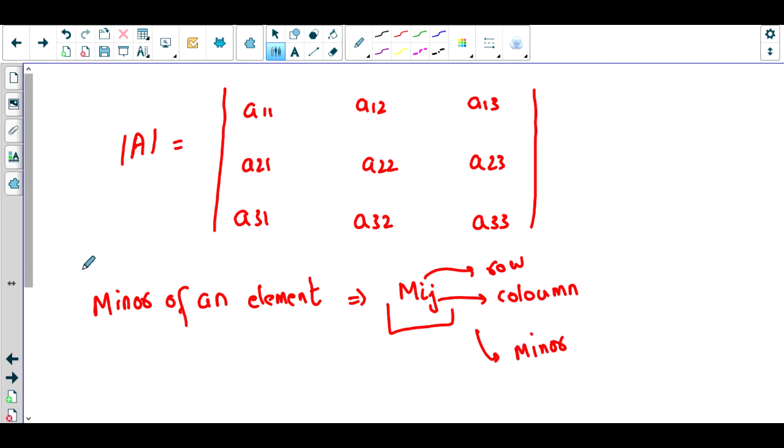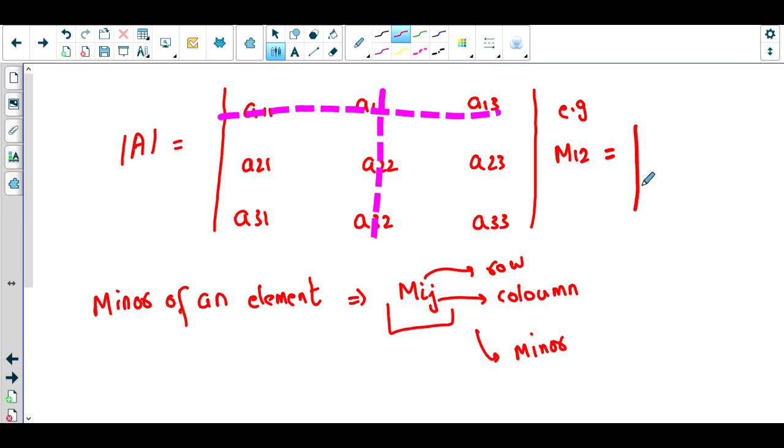Let's suppose, for example, we want to find minor M12 for this matrix. It means first row, second column. So we take out the first row and we take out the second column. What's left with us?